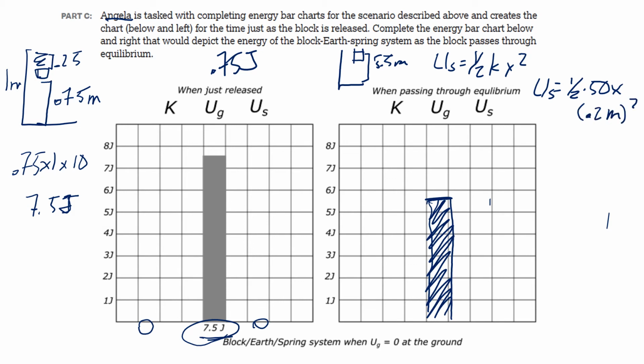So this is kind of a mess and really ugly, but this becomes 25 times 0.04. 25 times 0.04 is equal to 1 joule. So that means the spring energy is 1 joule. If you add all this up, it's only 6.5. So where's the remaining 1 joule of energy? There's only one place it could be. It's got to be here.